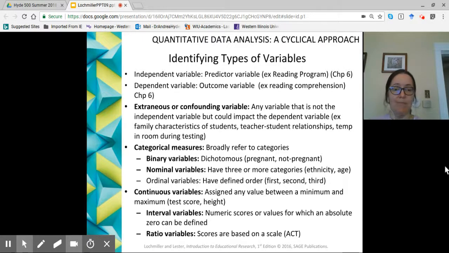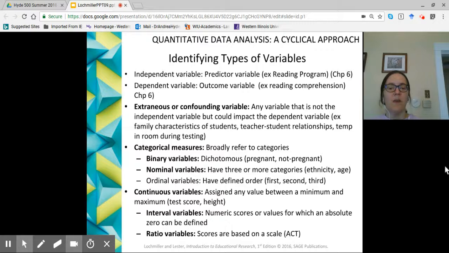Like I said before, any other variable that's not the independent variable, but could impact the dependent variable. So here, for example, anything from the temperature in the room to teacher-student relationships, family characteristics of students, things that aren't being measured, but probably have some influence on the relationship between the independent and dependent variable.